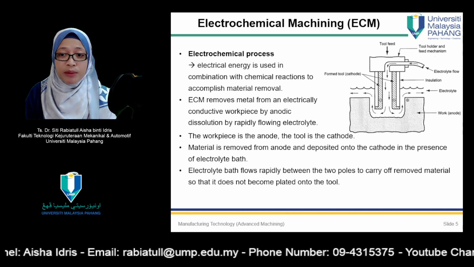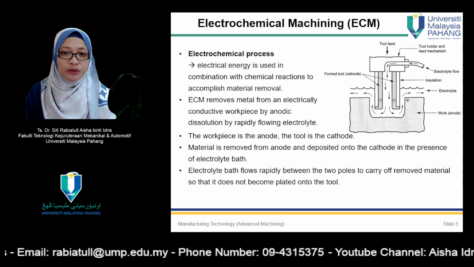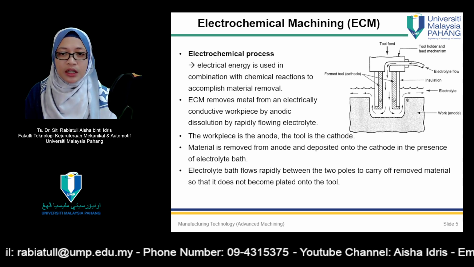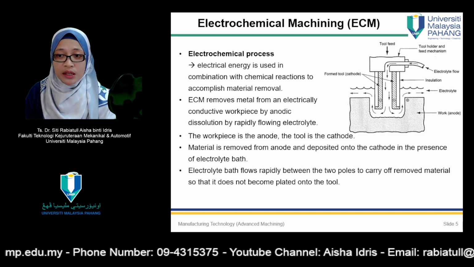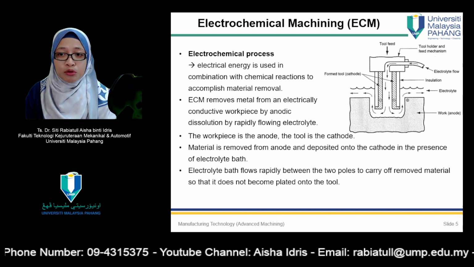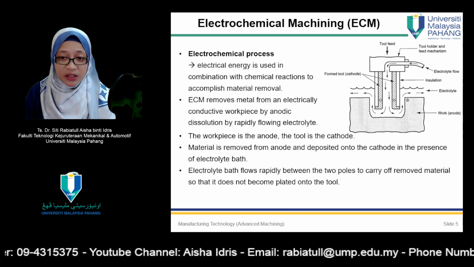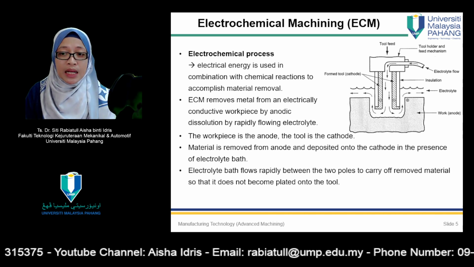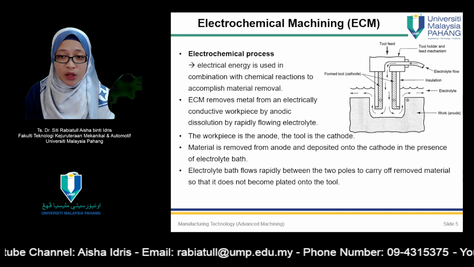Electrochemical machining removes metal from an electrically conductive workpiece by anodic dissolution, in which the shape of the workpiece is obtained by a formed electrode tool in close proximity to but separated from the work by a rapidly flowing electrolyte. ECM is basically a deplating operation.